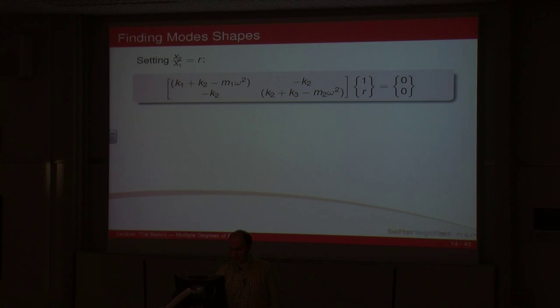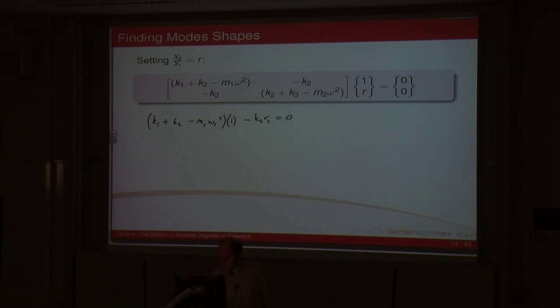If we multiply this out, we've got k1 plus k2 minus m1 omega 1 squared times 1, minus k2 r1, equals 0.